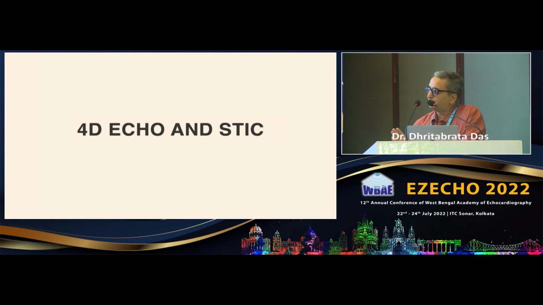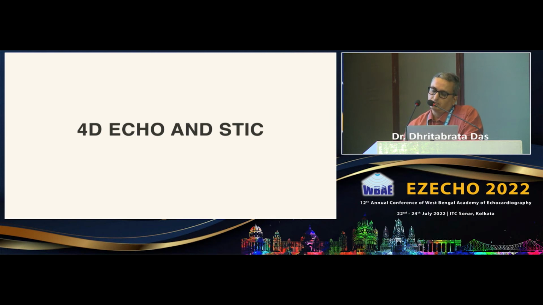Now, last is the 4D echo and STIC. I'm not going into the details, and I'm not showing any pictures, because 4D echo has very limited use in particular specific abnormal hearts. STIC is a system where we get a volume loop, and we can do a cross-section at our wish at different levels and get the different views.